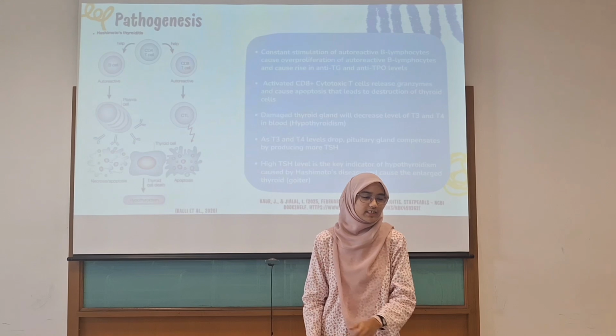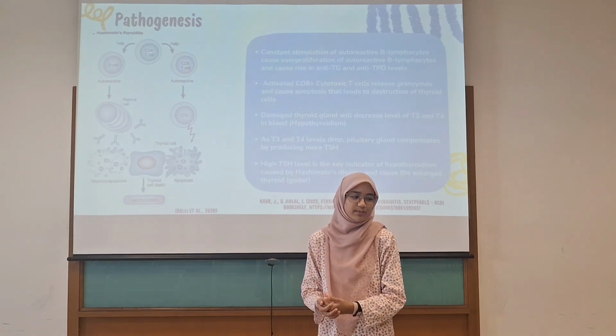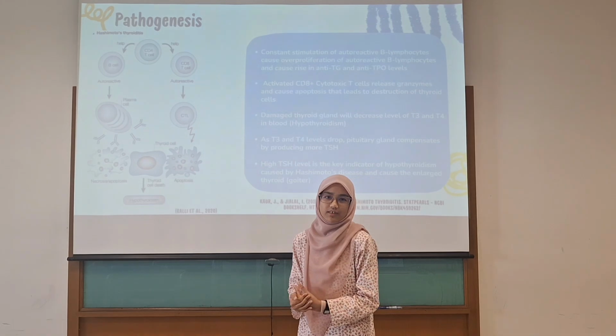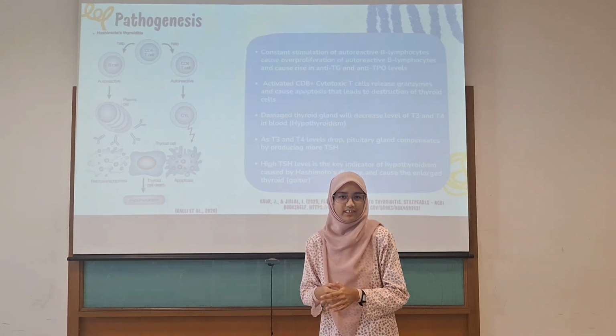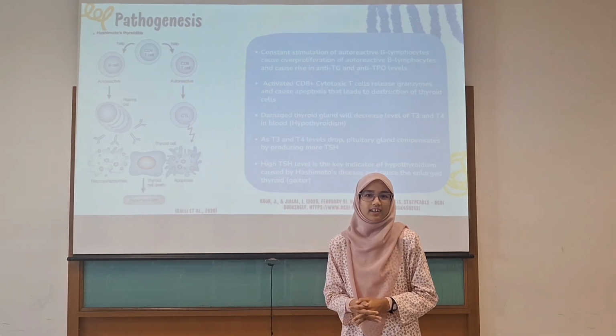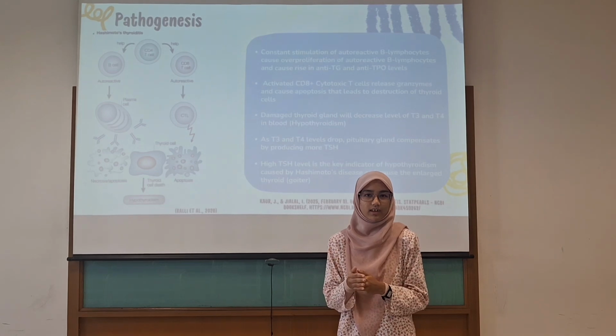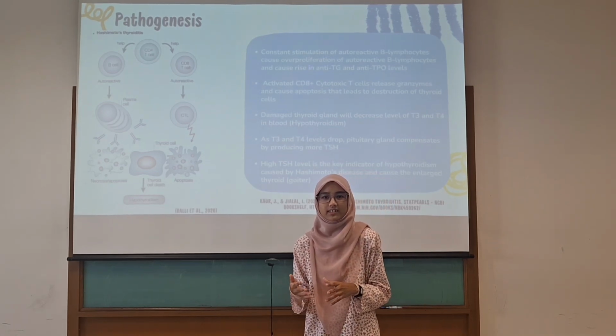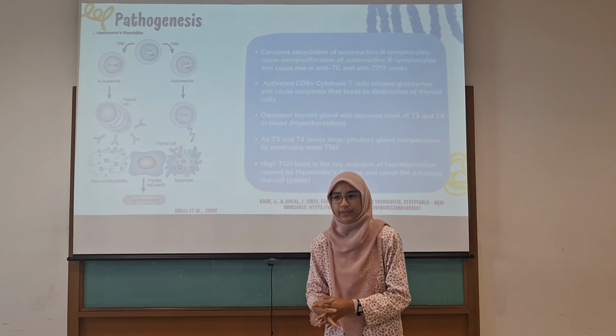The constant stimulation of autoreactive B lymphocytes will cause overproliferation of autoreactive B lymphocytes that can cause an increased level of anti-TG and anti-TPO, which is what we can see in the diagnosis of the patient Lechini.